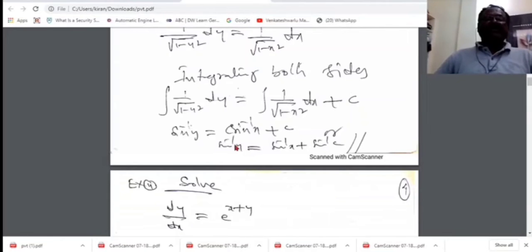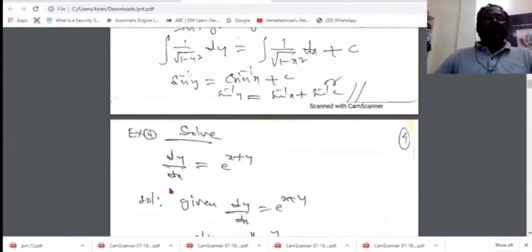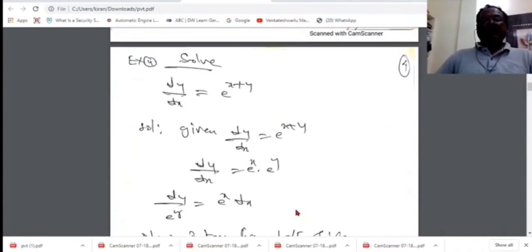These are the examples of first order and first degree differential equations. Now take one more example. Solve dy by dx is equal to e power x plus y. Solution: given dy by dx is equal to e power x plus y.